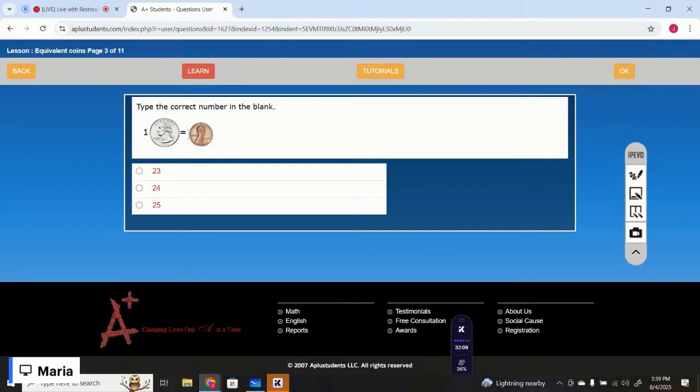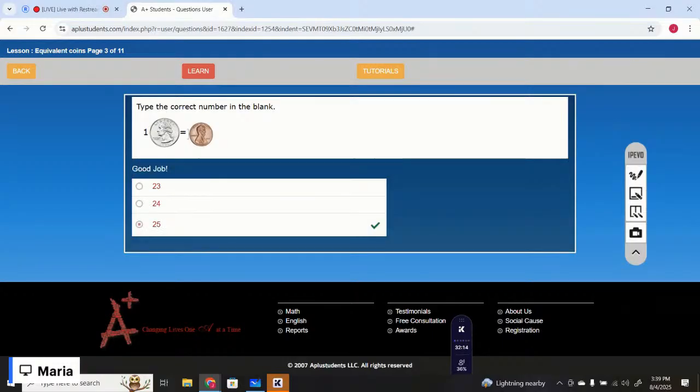One quarter equals 25 cents. Option number 2 is the correct option.